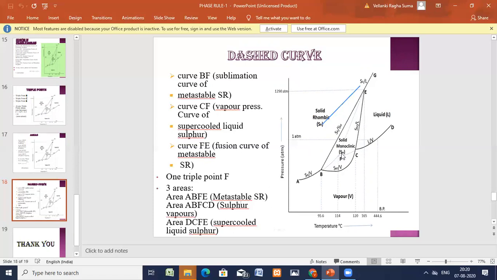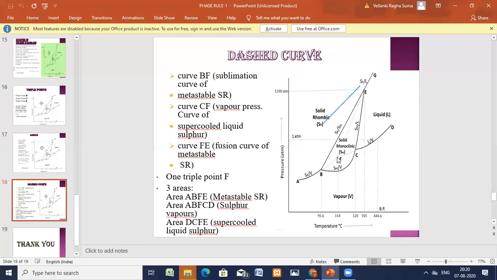Now go to the curve FE. F and E, that is the fusion metastable curve of rhombic sulfur. Internally you are having 3 dashed curves. One is the BF curve, the sublimation curve of the metastable rhombic sulfur, the AB extension.